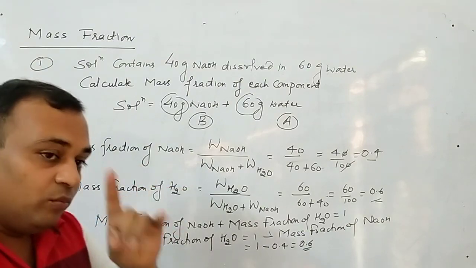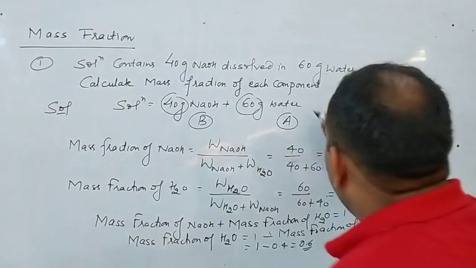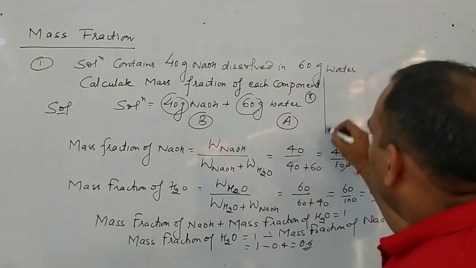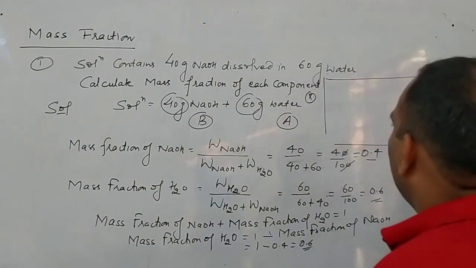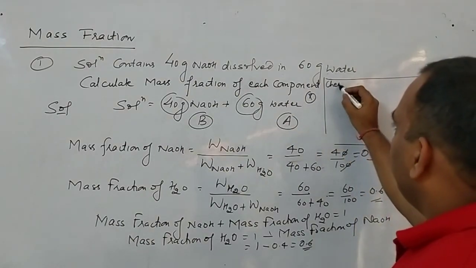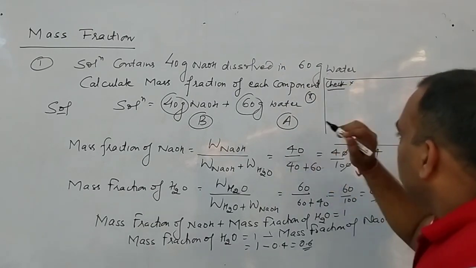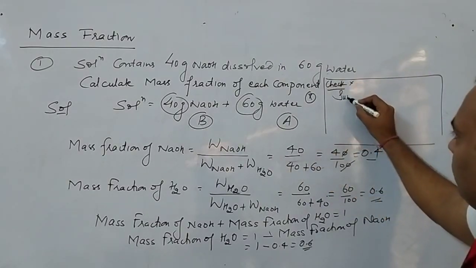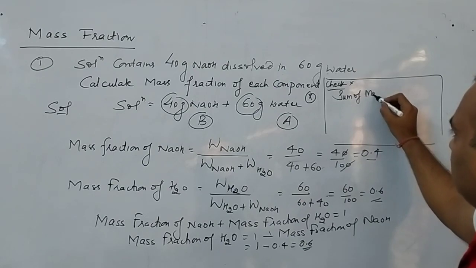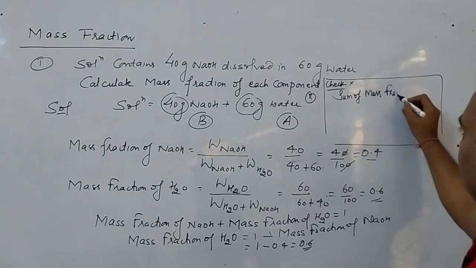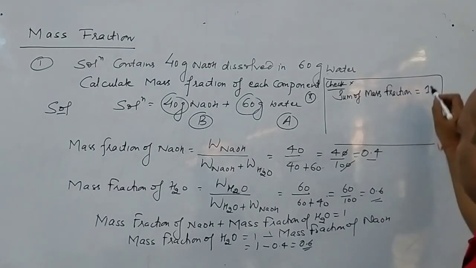First example. And one more thing that you have to remember, this is a hint how to check your numerical regarding the fraction. The sum of mass fractions is always 1.